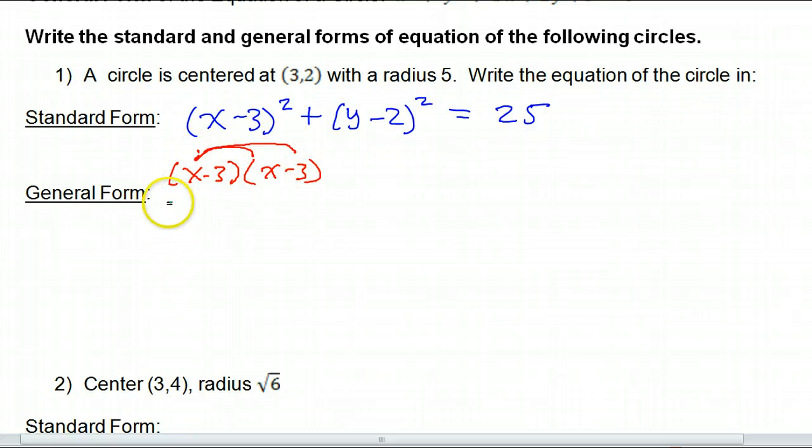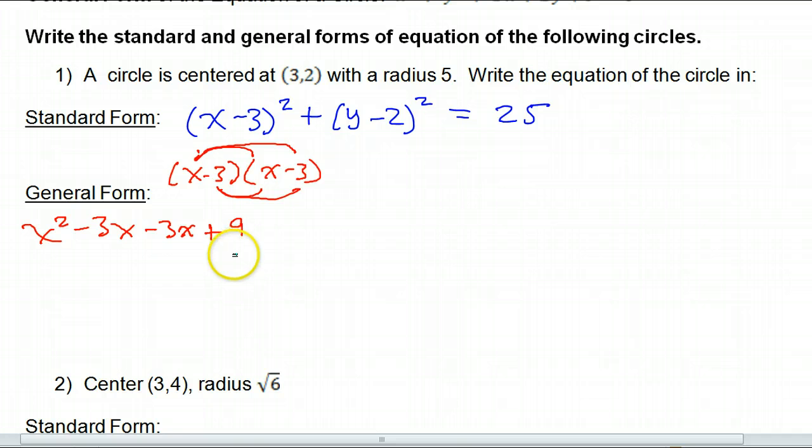So x times x, that would be x squared. X times negative 3, that would be minus 3x. And then I would do that again. So x times x, negative 3 times x would be negative 3x. And then negative 3 times negative 3 would be positive 9. Okay? So I just sort of double distribute it.